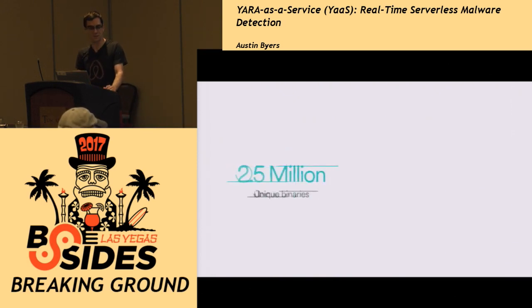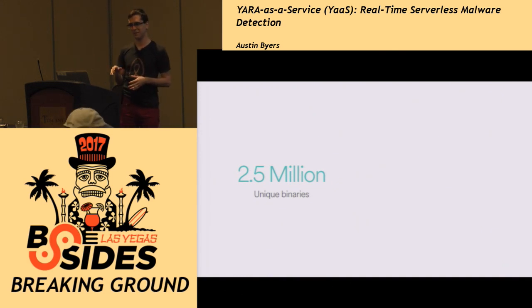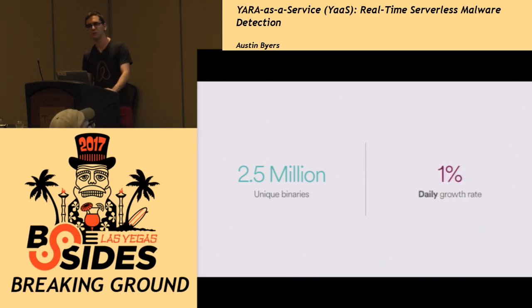To give you a sense, if we count all of the unique executable binaries in some subset of our infrastructure, we have currently about 2.5 million unique binaries, whether that's from laptops and servers and so on. And to exacerbate the problem, it grows at a rate of almost 1% a weekday, with people downloading new things and updating packages and what have you.